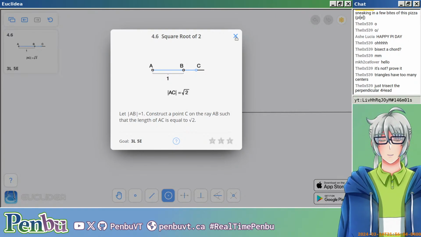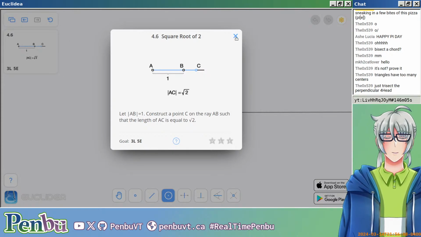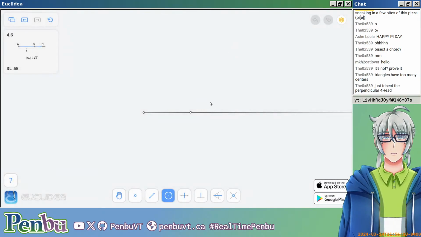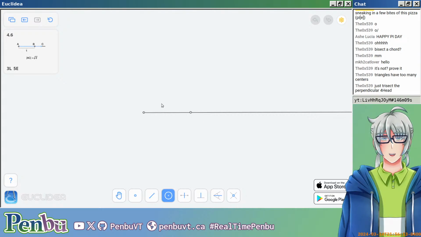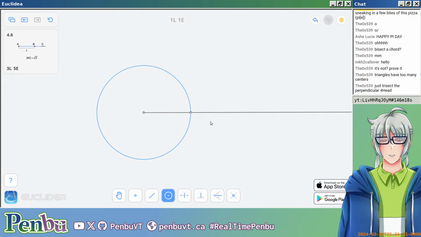So, one thing to recognize is that the square root of 2 is the length of the diagonal of a square of length 1. So we construct a square of length 1 such that this ends up being the diagonal, which means we're looking at 45 degrees to this thing.